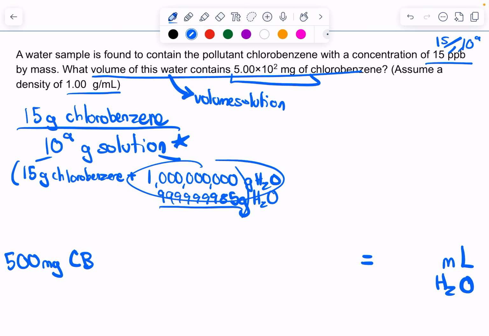Okay, or another way of thinking of that, the way I would word this on the test is I would say what volume of solution instead of water. They just mean, because you took a sample of water out of the river or something, technically that's a solution. If there's solute dissolved in there, which there always is in any natural water source, that's a solution. So really they're taking a volume of solution.